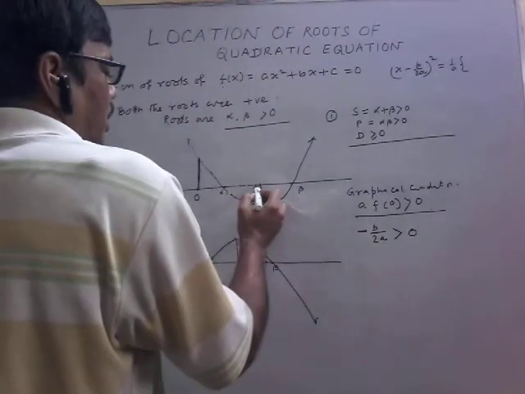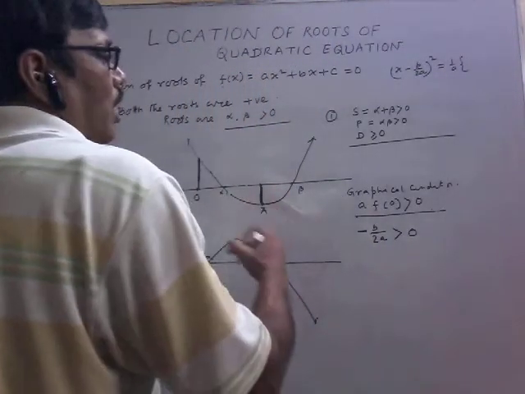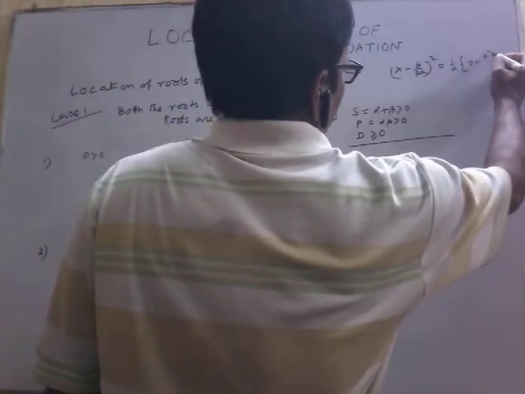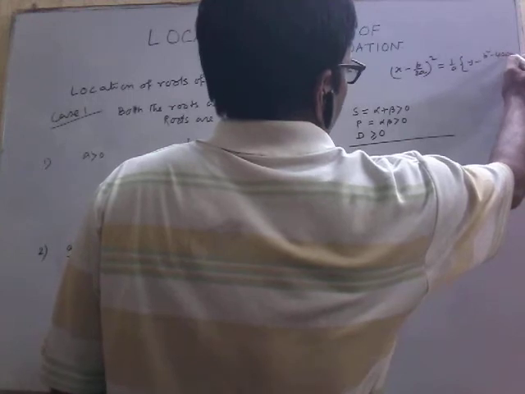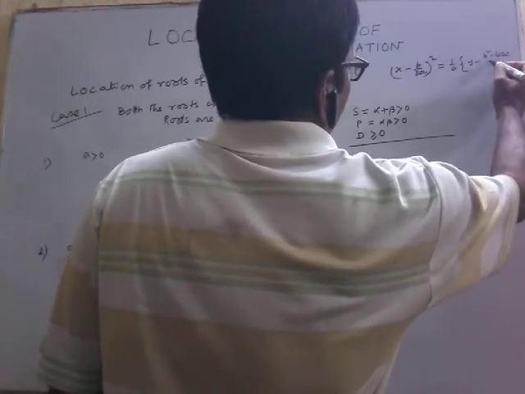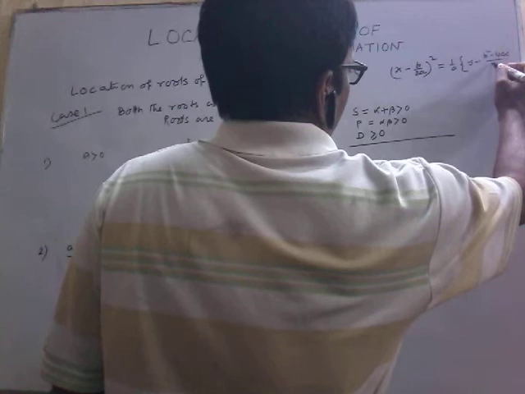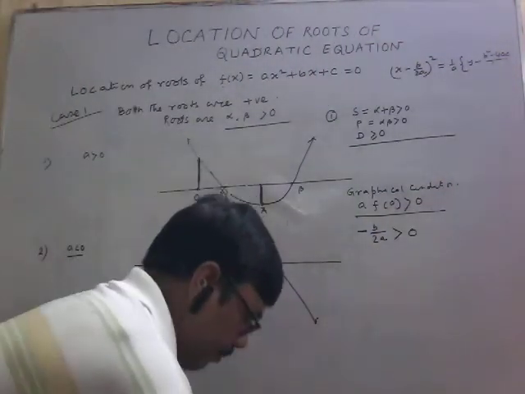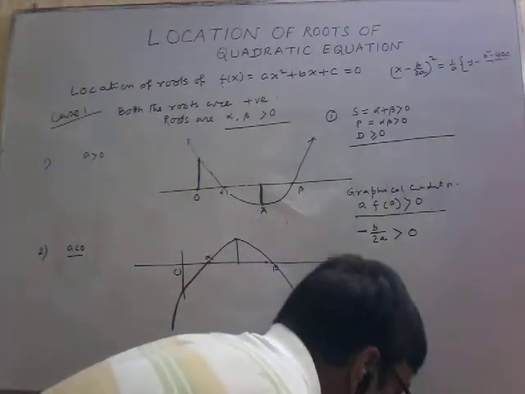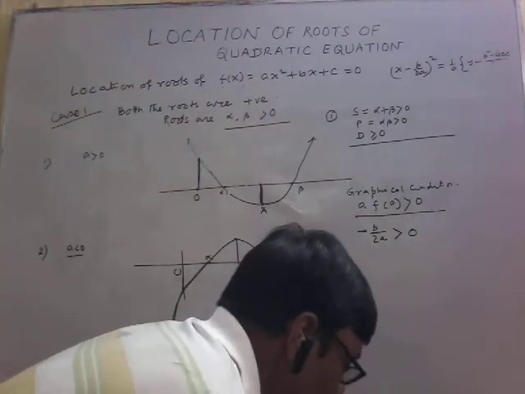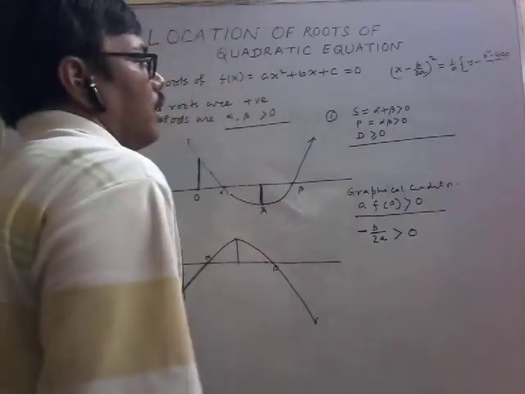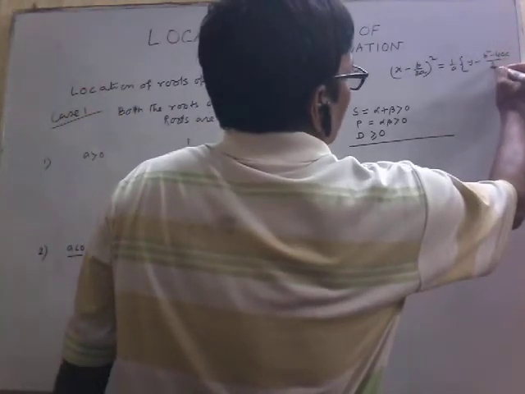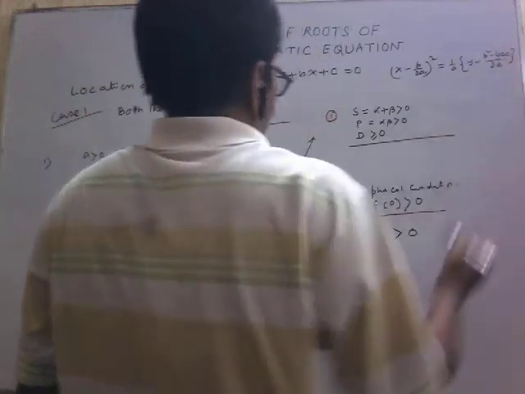We need the y coordinate: y minus (b square minus 4ac) by 2a.